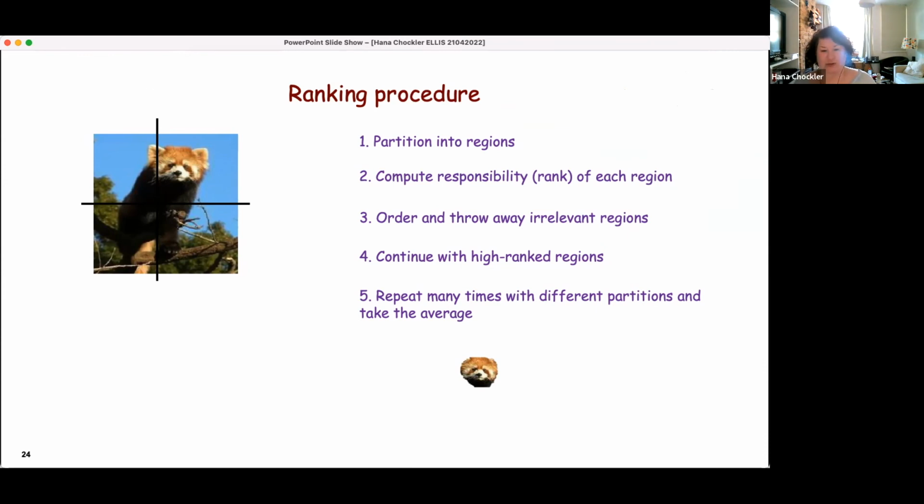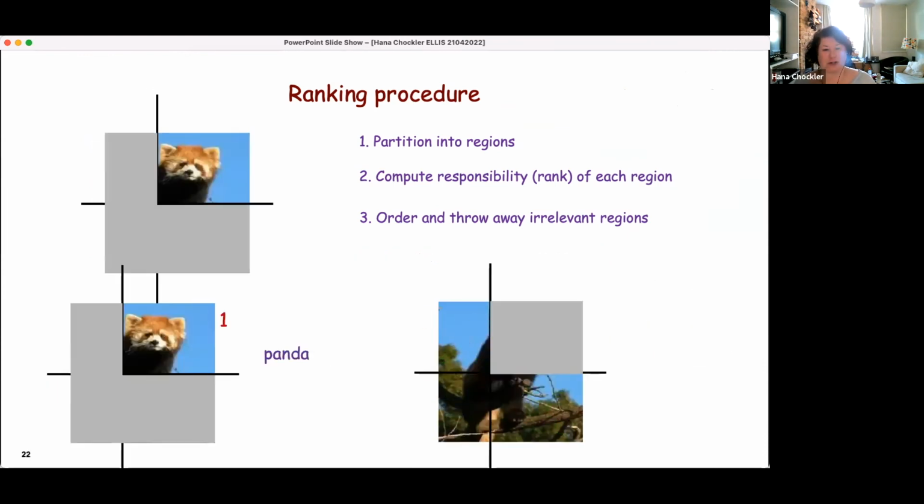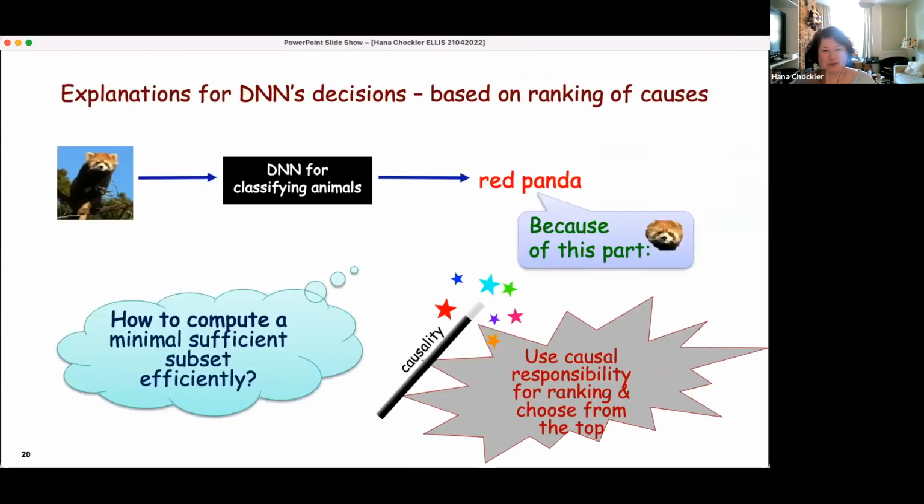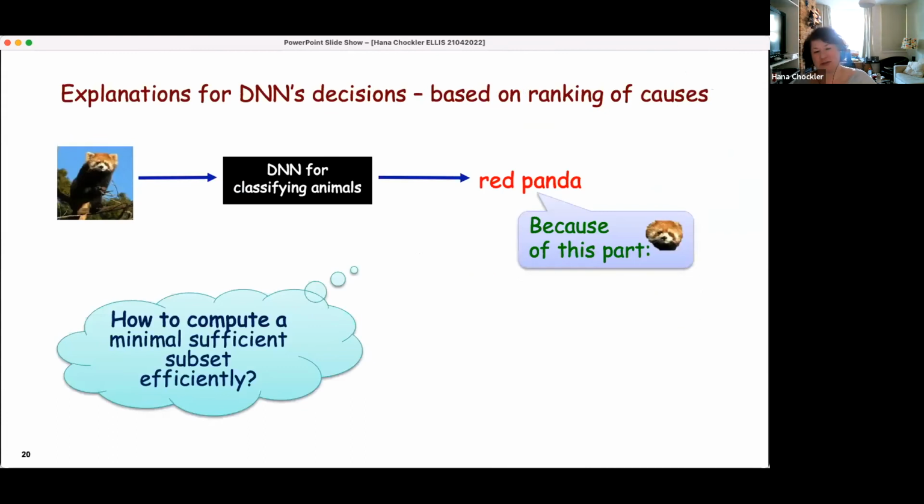So the formal definition that I mentioned here, minimal sufficient subset, is the same, but we will need another algorithm. I can understand this as a type of search for some region. No, it's not a search, right?